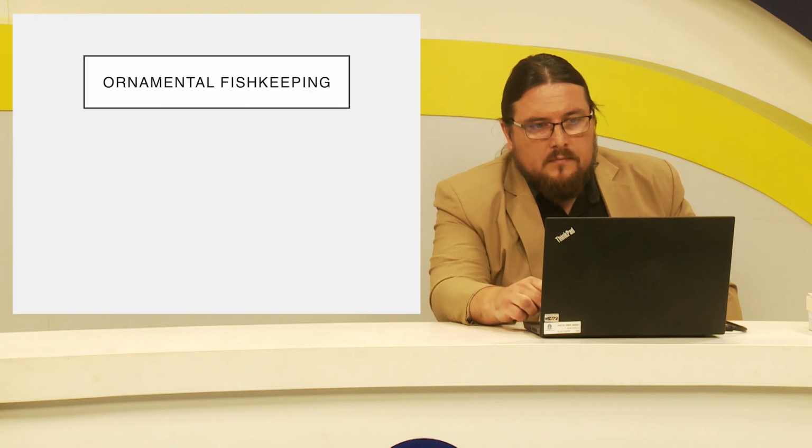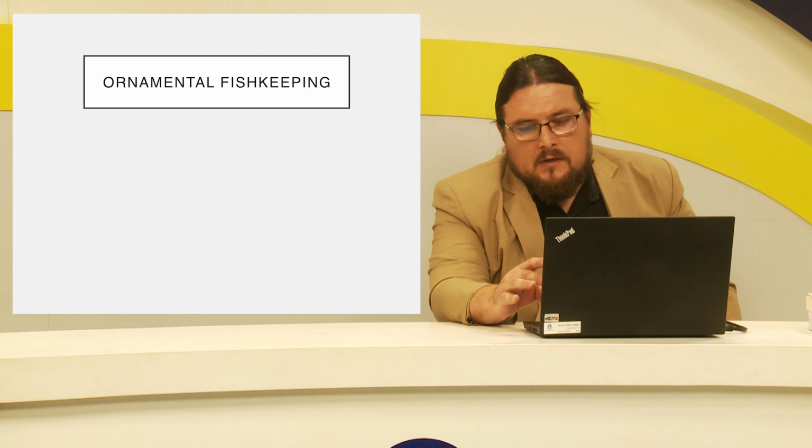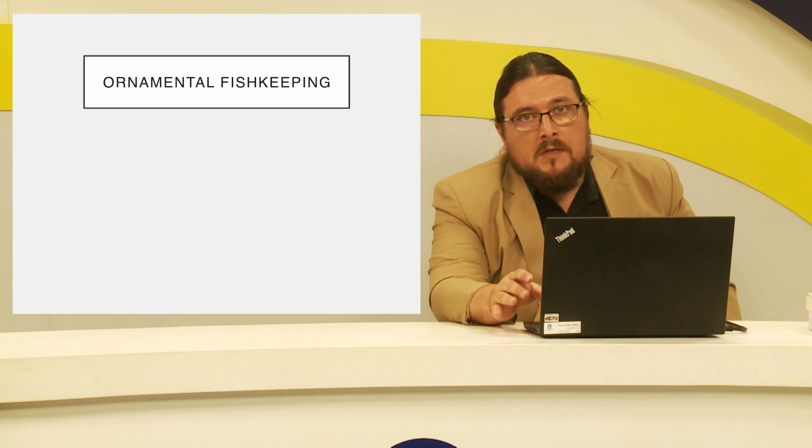The first topic is on aquarium trade. At first, some brief introduction: what is it, and some general characteristics of aquarium trade. Aquarium trade is focused on ornamental aquatic animals, which are used for ornamental fish keeping.